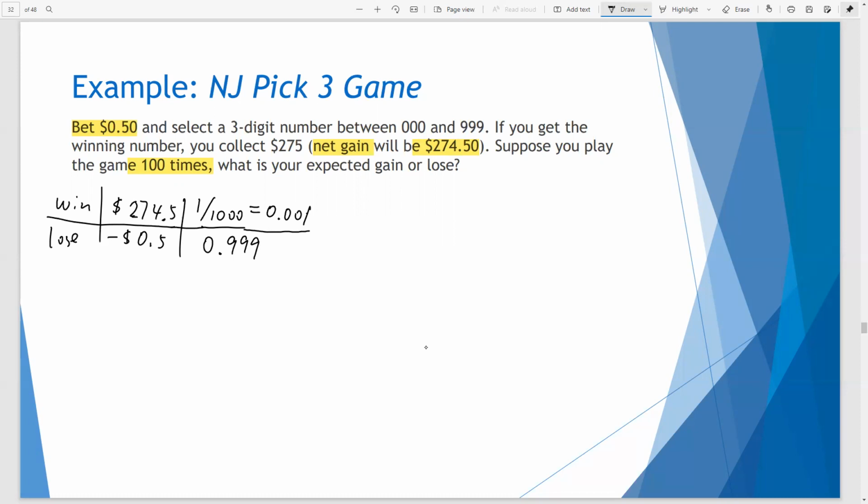So expected value, maybe I could write it underneath. That will be a better place to do.